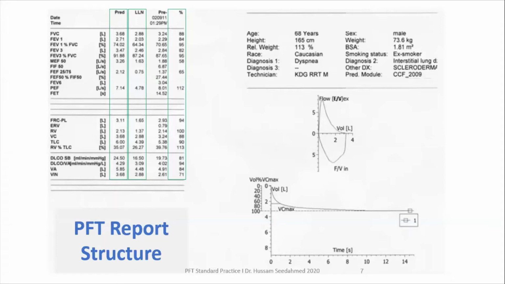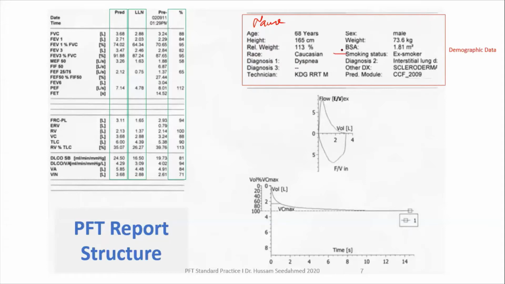It should be composed of, number one, the patient demographic data. Here it may include the name of the patient, age, height, gender, ethnicity, and here you may put the diagnosis. What is the differential diagnosis or the possible diagnosis? The weight, the body surface area.